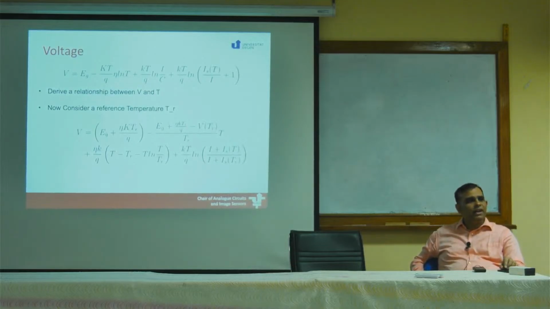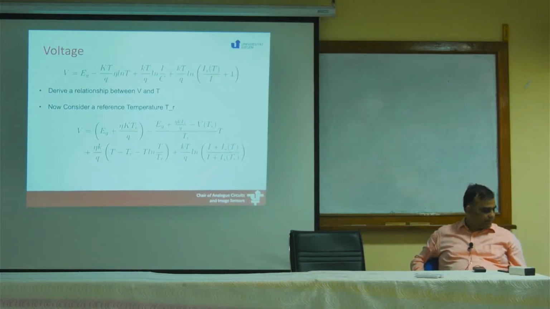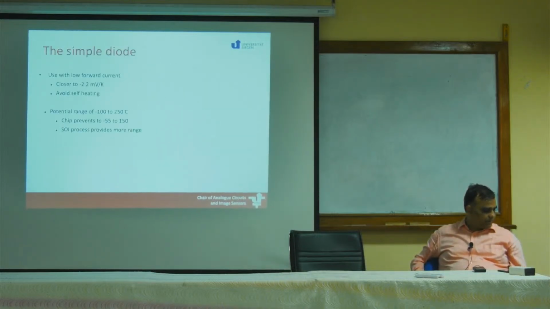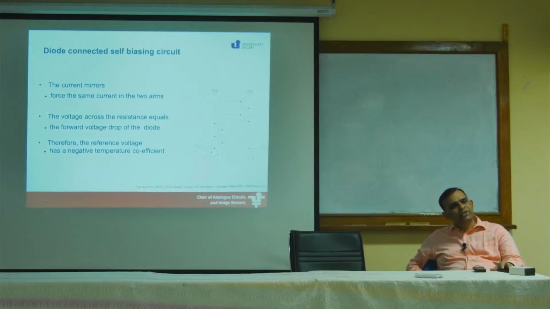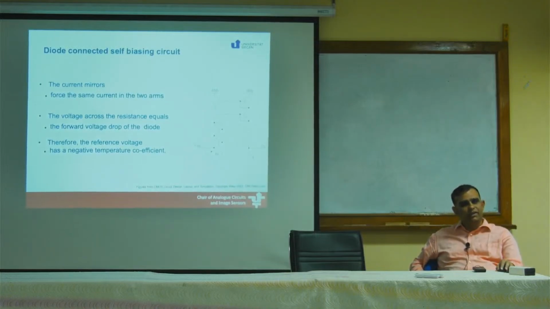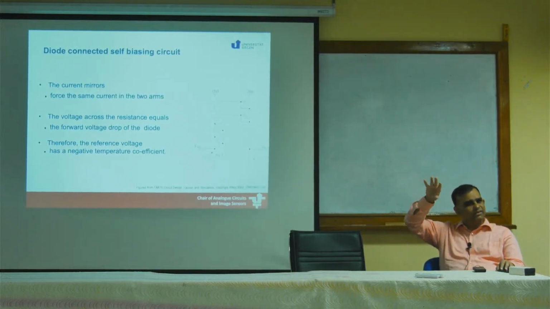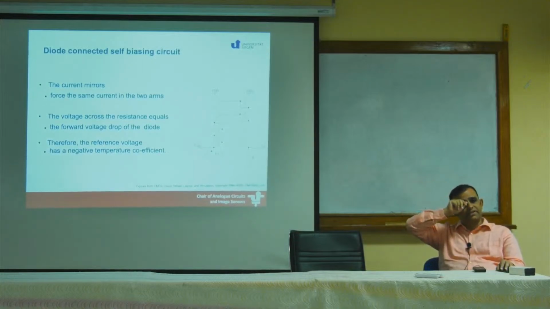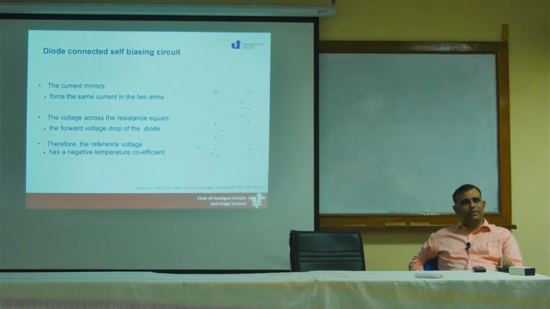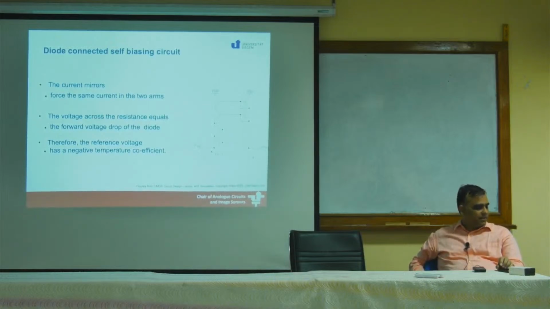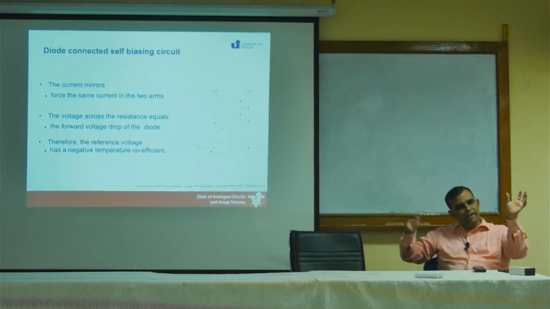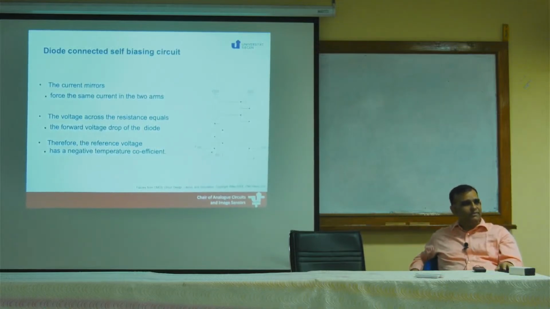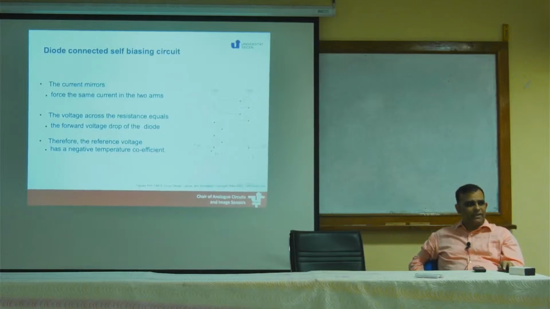Now, let's go back to this circuit. What happens when we subtract two numbers which are logarithmic of one another? Remember, we had this log T appearing quite frequently. So, how do we get rid of log T from an equation? When we subtract log a minus log b, the result becomes log of a divided by b.